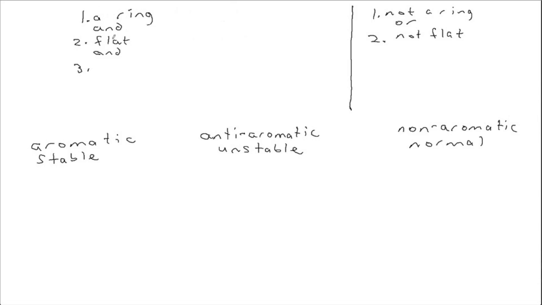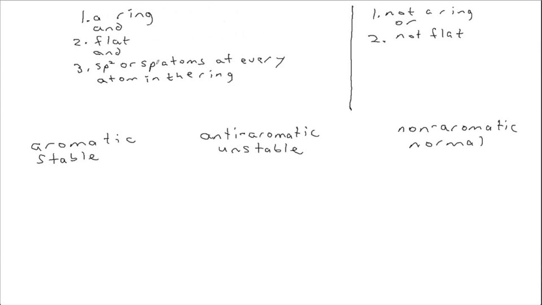Also, to be on this left-hand side, we need to have sp2 or sp atoms at every atom in the ring. That's one reason why we spent so much time practicing hybridization.